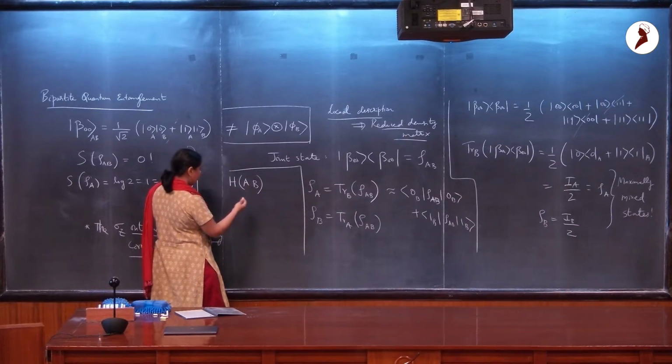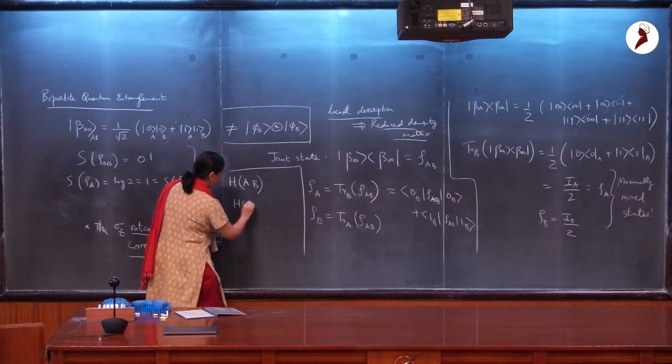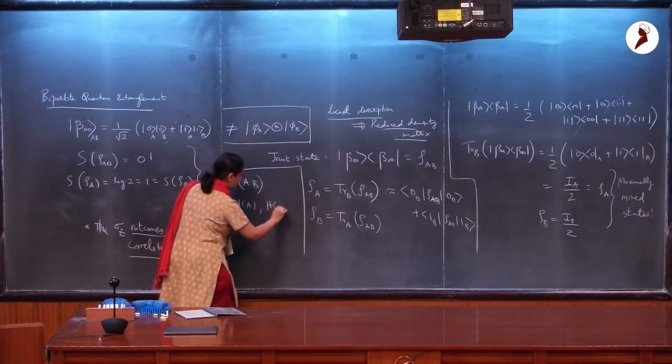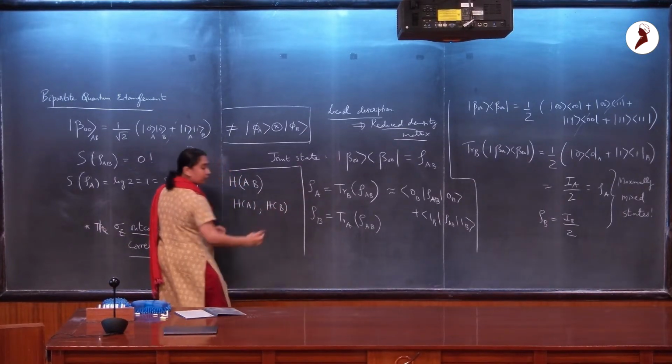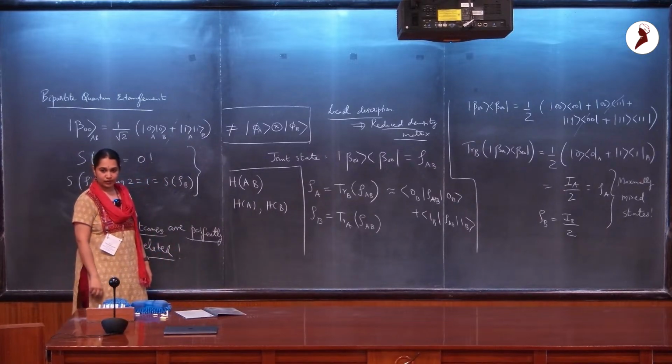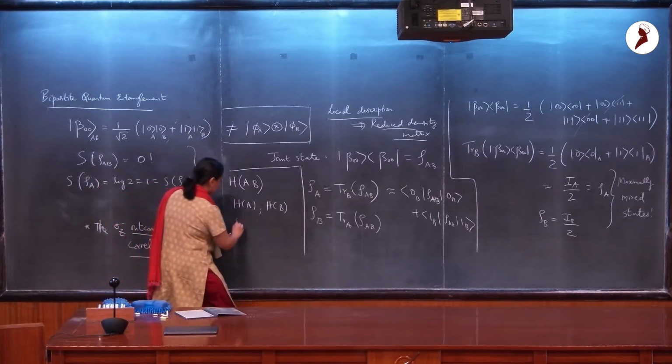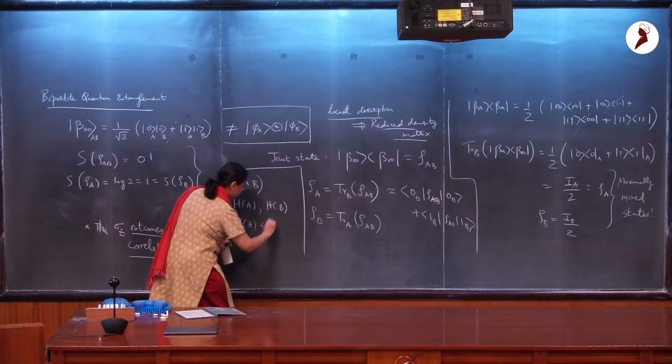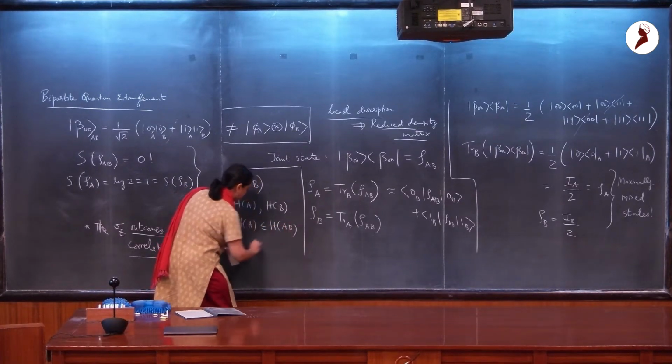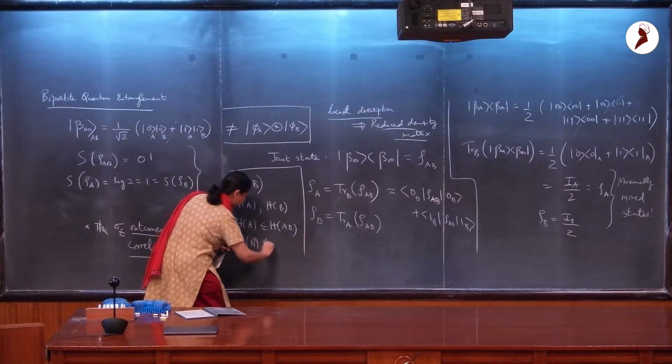Classically, I can ask, how is this related to these individual entropies, right? And you can show classically that each individual entropy should always be less than or equal to the joint entropy.